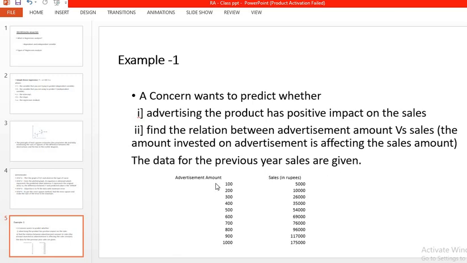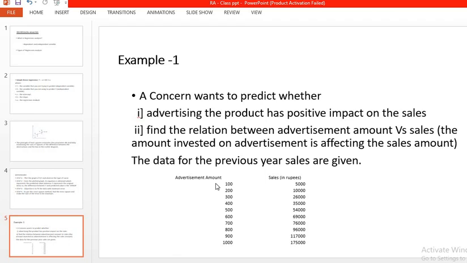Before that, we should know which is an independent variable, whether sales or advertisement, so that we can take the x and y axis accordingly. Usually the independent variable is taken on the x axis and y is the dependent variable.